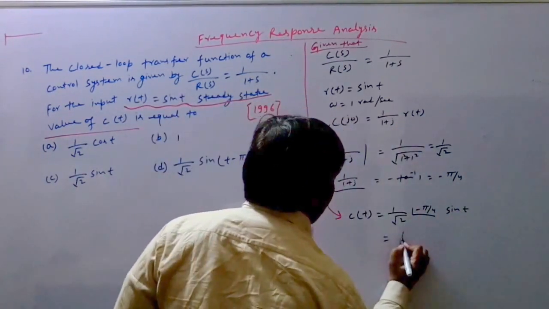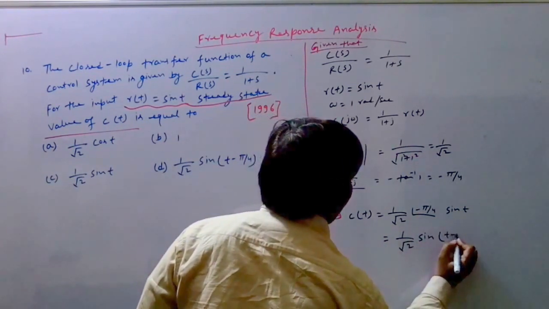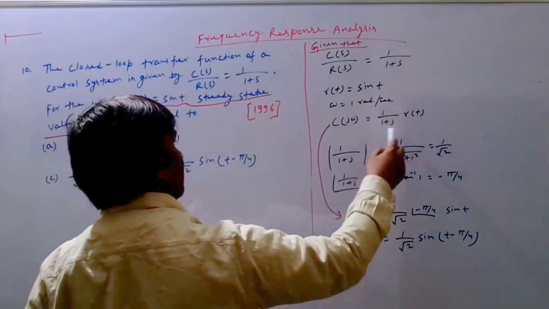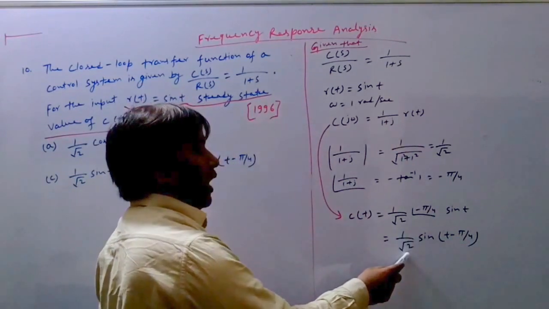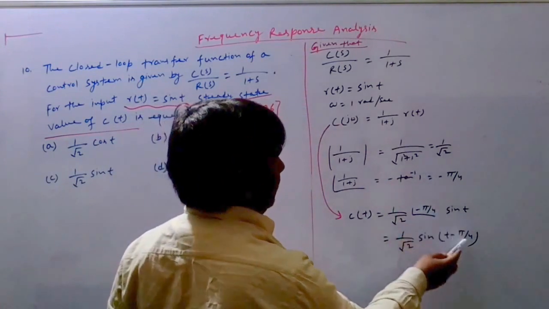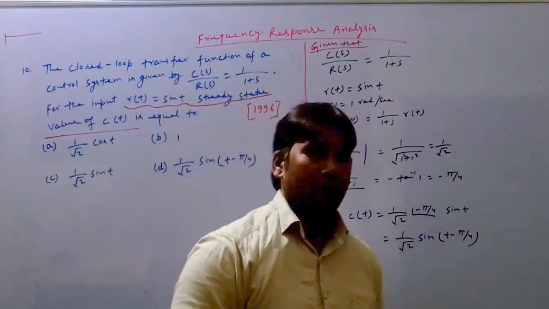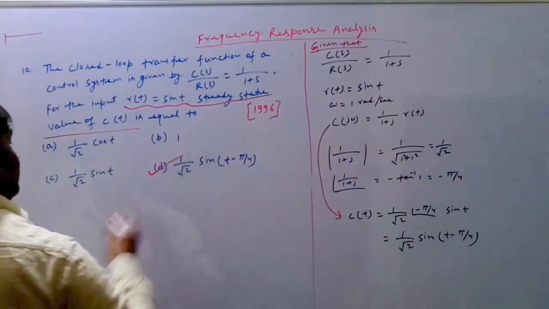So that will be 1 by root 2 sin(t minus pi by 4), because this term is responsible for a magnitude of 1 by root 2 and a phase angle lag of pi by 4. So which should be the correct option? The correct option will be D.